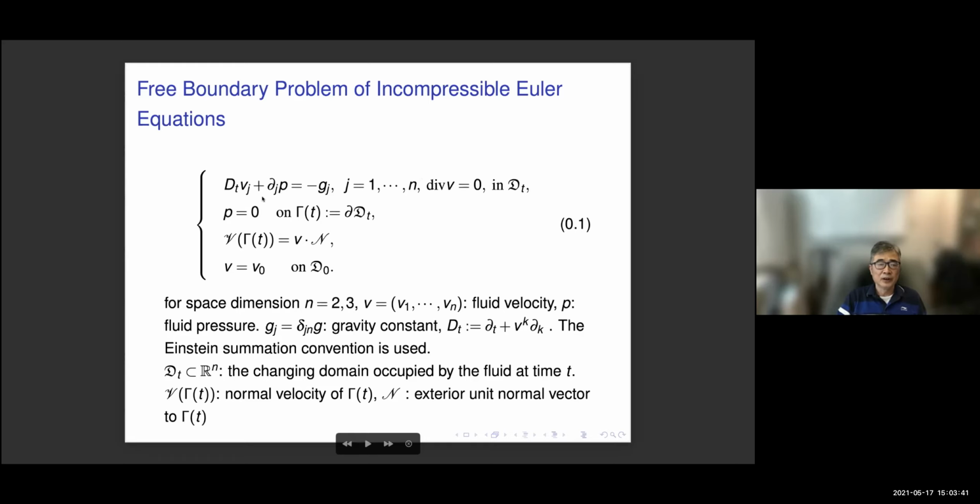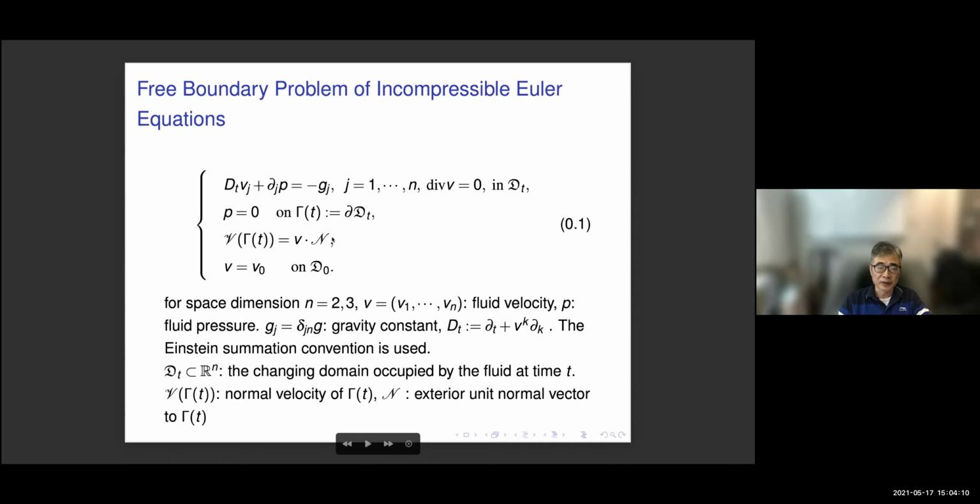Now, on the boundary: suppose we have a fluid and the boundary will move, but how does the boundary move? The boundary moves with the fluid. That means the normal velocity of the boundary equals the normal component of the fluid velocity, where v is the fluid velocity.